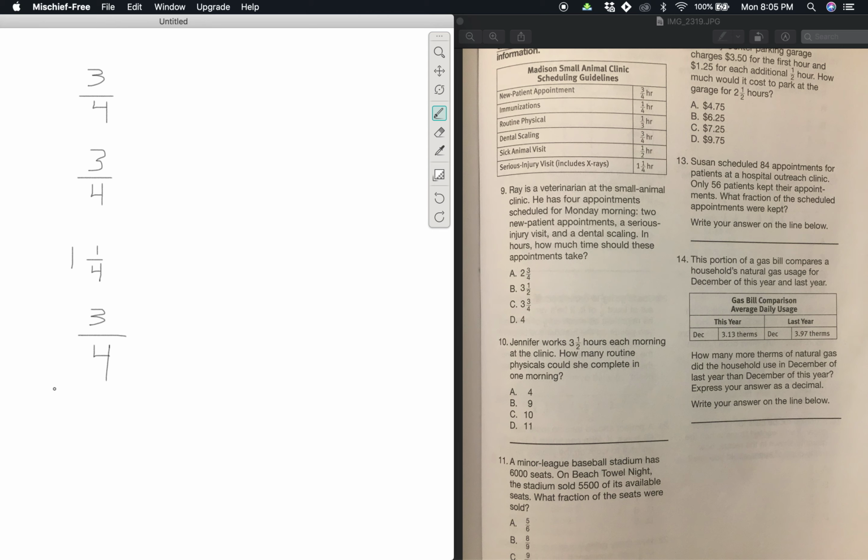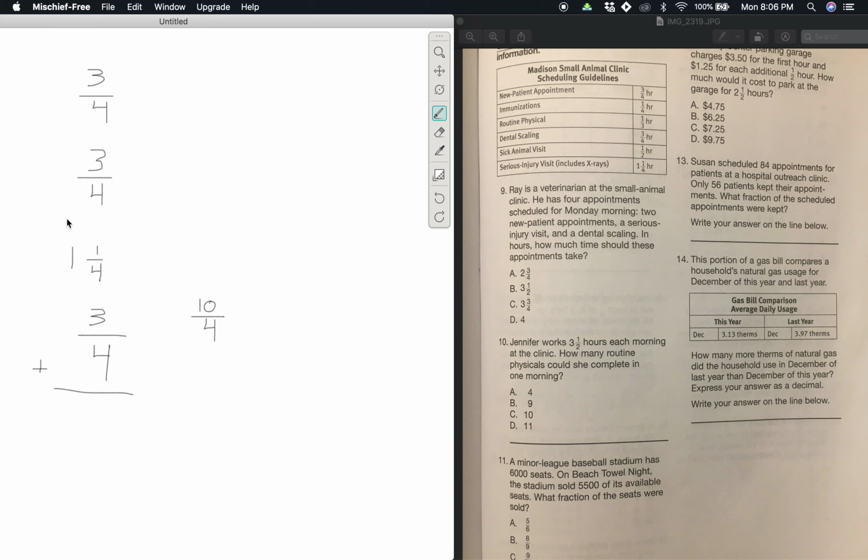First we'll add up not the whole numbers, but the fraction part. So we have 3 plus 3 is 6, plus 1 is 7, plus another 3 is 10. So let's put 10 over 4. That's what we have so far.